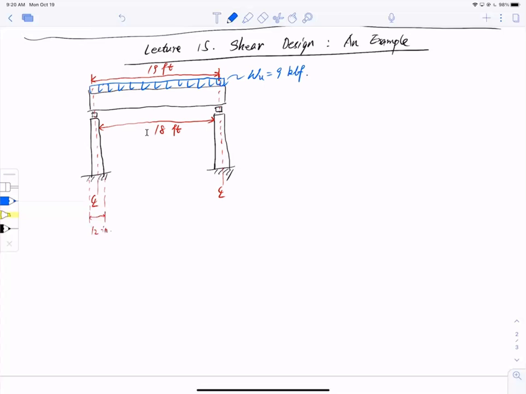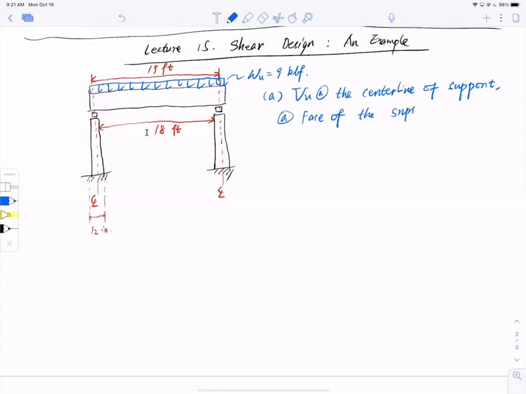Okay, so the question is, let's try A: Vu at the center line of support, and also at the face of the support, and at the critical section.